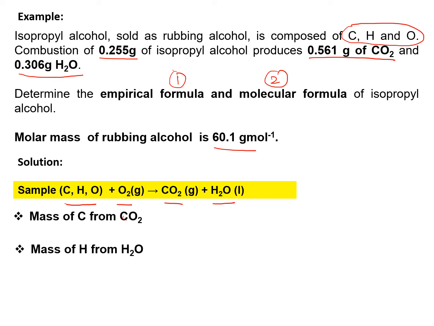Now look here, the sample contains oxygen and the combustion is with oxygen, meaning that the oxygen from CO2 and the oxygen from H2O may come from the oxygen gas or the oxygen in the sample. So we can't calculate the mass of oxygen from H2O. We can't calculate the oxygen from CO2. So how do we get the mass of oxygen?